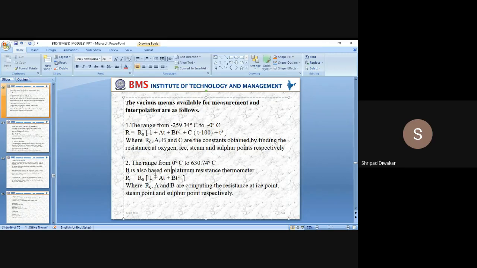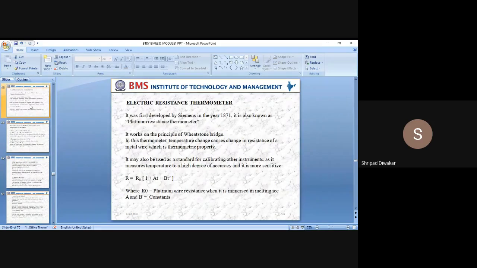The sulfur point, as we discussed, is the melting point of sulfur. So the resistance thermometer is mainly used to measure temperature in the range of 0 to 630.74 degrees Celsius. From 630.74 degrees Celsius to 1064 we use the thermocouple, and above 1064 degrees Celsius we use the radiation pyrometer as the temperature measuring instrument.